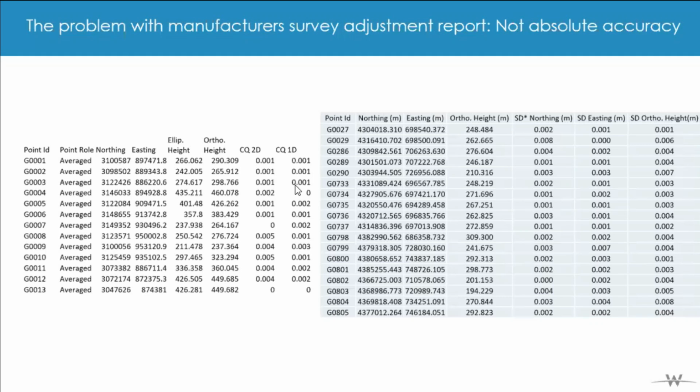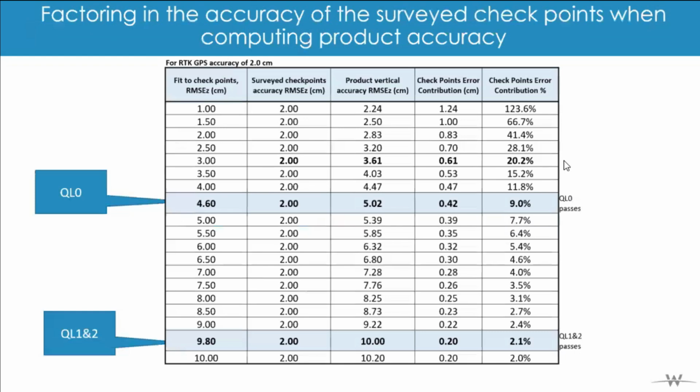We give different types of survey techniques and the predicted accuracy of that survey. So if your manufacturer gives you all zeros, don't use those because this is total nonsense. This is not absolute accuracy. Use the one we suggest in the ASPRS standard.